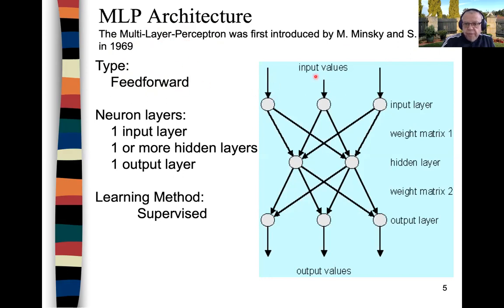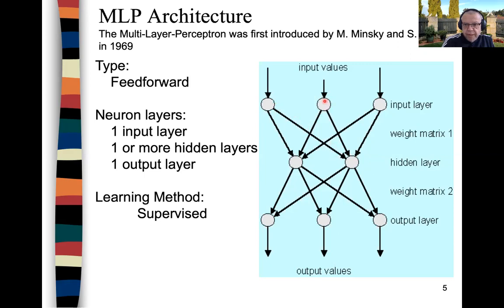So the input pattern is fed to the input layer, and then you have a hidden layer and your output layer. In this case, it's just one hidden layer.